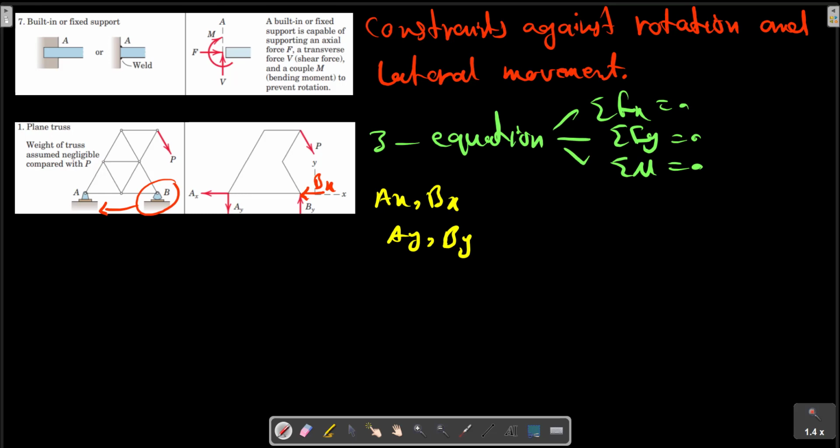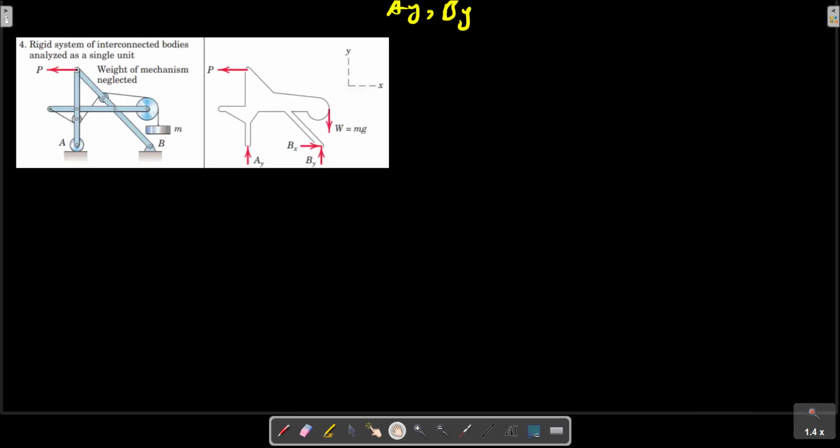Again, referring to this picture, we see that if the pin B in example 3, consider this example, were not free to turn, we should add an M here, B replaced by a fixed joint.